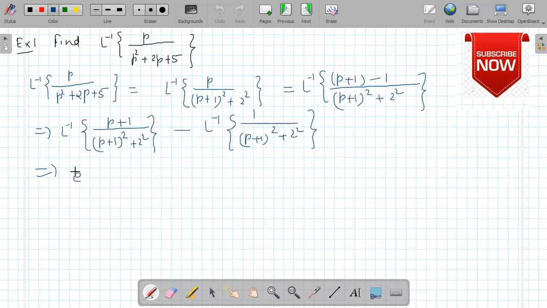So this is equal to e raised power minus t Laplace inverse of, this will be replaced by p, upon p square plus 2 square. This is already a function of p plus 1. So this is e raised power minus t Laplace inverse of 1 upon p square plus 2 square.